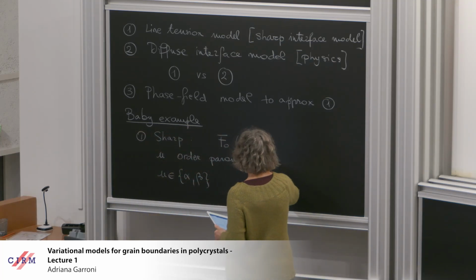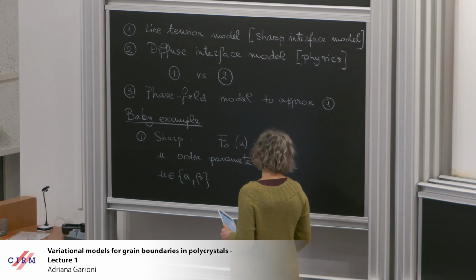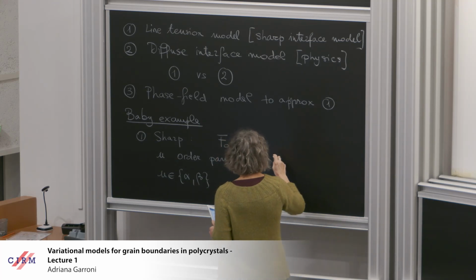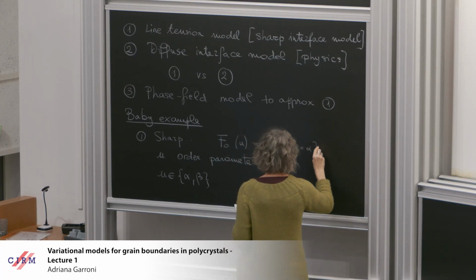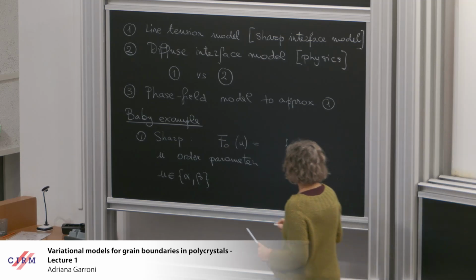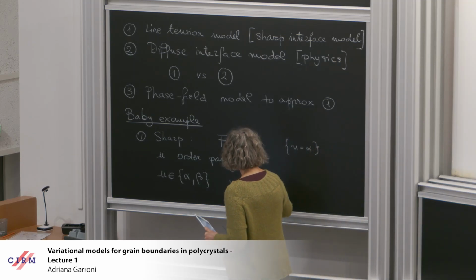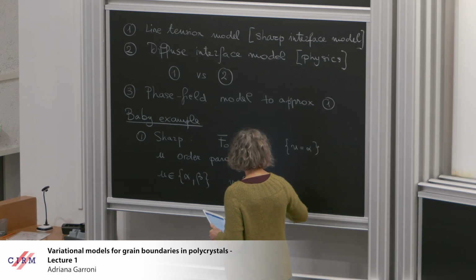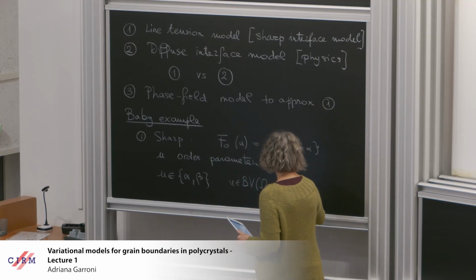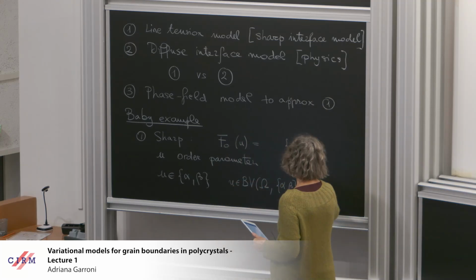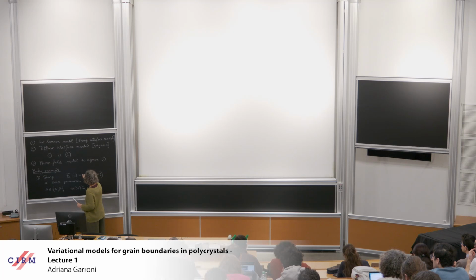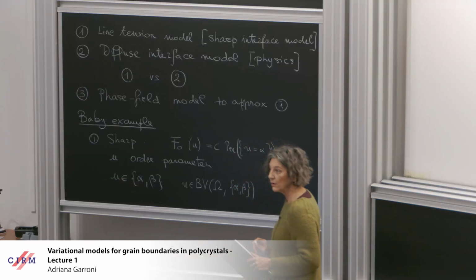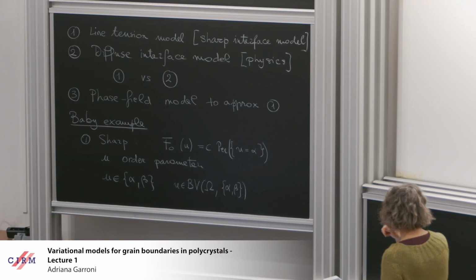The energy F0, which depends on this U, which takes values in alpha and beta, actually measures the perimeter of the region in which, for instance, U is equal to alpha. For this U, you want some regularity, so you take BV of your container with values in alpha and beta. This guarantees that this set has a finite perimeter, and so your energy is the perimeter of this set times a constant.